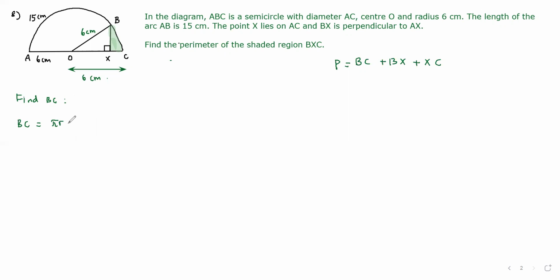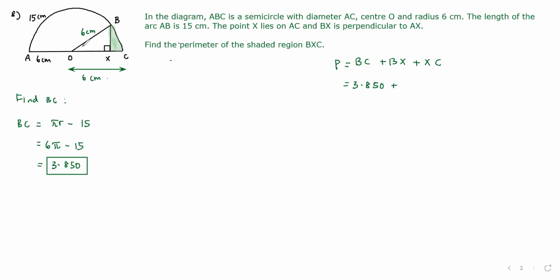Then subtract 15. The radius is 6, so you have 6 pi minus 15, and that gives 3.850 for the length of BC. Then for the perimeter, you have 3.850, and then you need to add BX and XC.